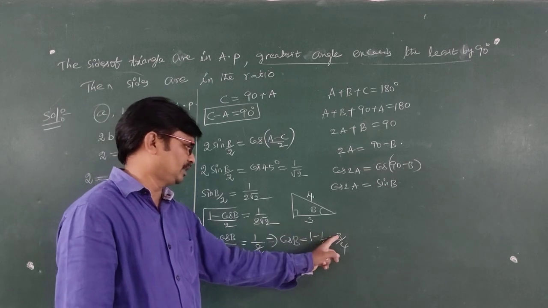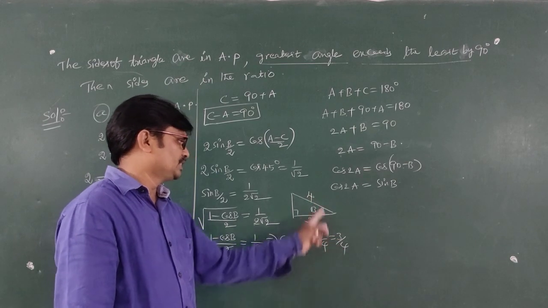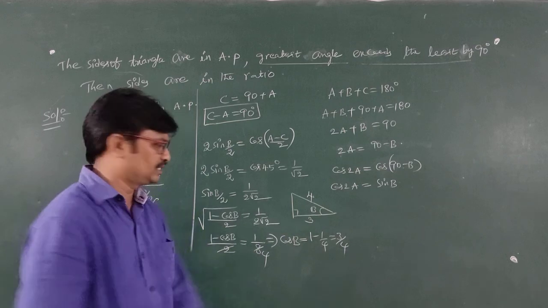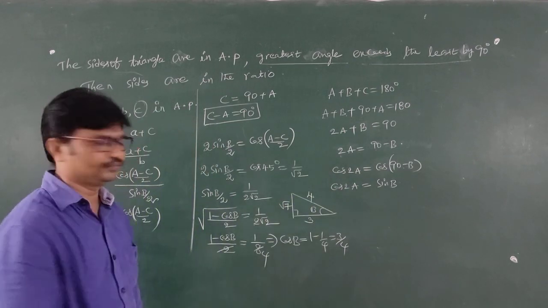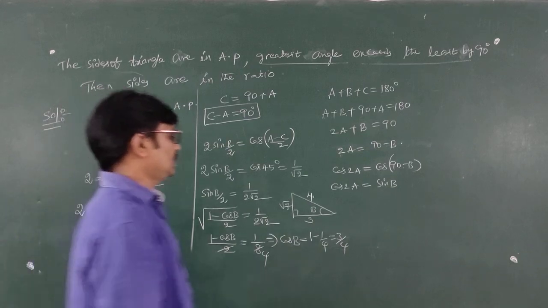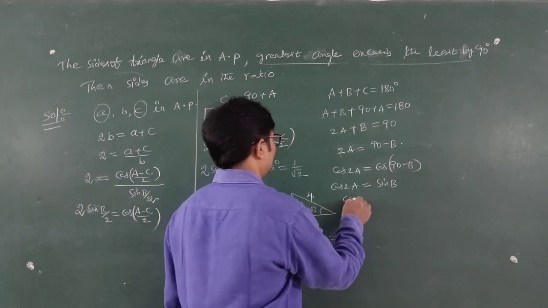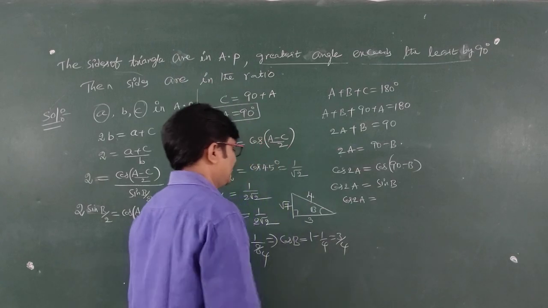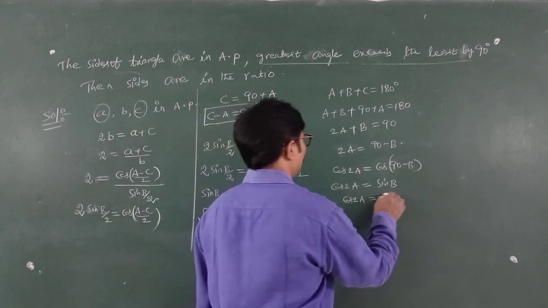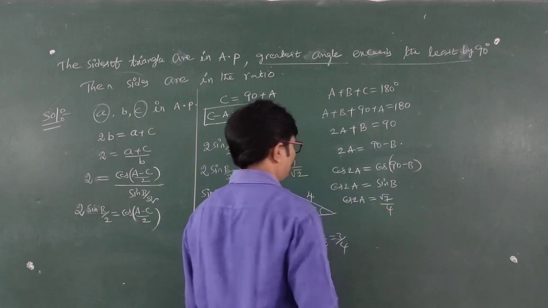Adjacent side is 3, hypotenuse is 4. 16 minus 9 is 7, so the other side is root of 7. Is it clear? So cos 2A equals sin B, which is root of 7 by 4.